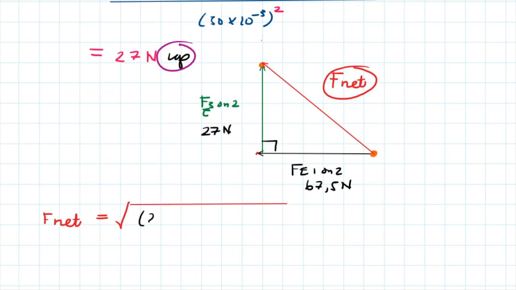So we take 27 and we square it. This is F3 on 2. And we take 67,5 and we square it, and we take the square root of that. When we take the square root, we find that the magnitude of the net force is 72,7 newtons.